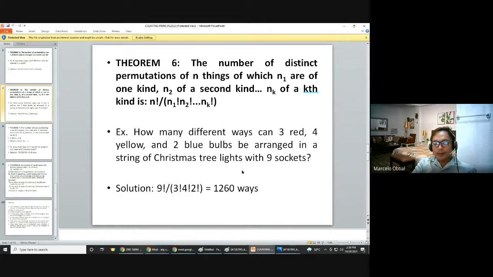Okay, it says here, may 9 na sockets. So, in short, there are 9 bulbs. So, 9 factorial. The first kind is red. Ilang red? 3. Second kind, yellow. Ilang yellow? 4. And the third kind, blue. Ilang blue? 2.